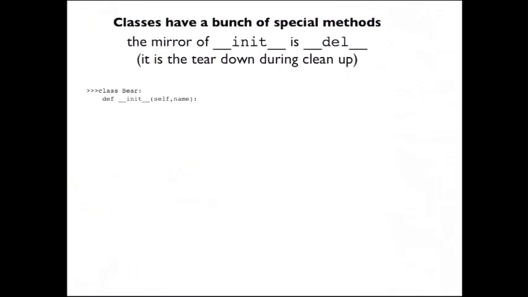So if I create a class of a bear, and I say def underscore init, I'm going to have one argument that I'll use when I create this bear, and I'm going to assign self.name equal to name, and I'll print during the instantiation process, made a bear called name.